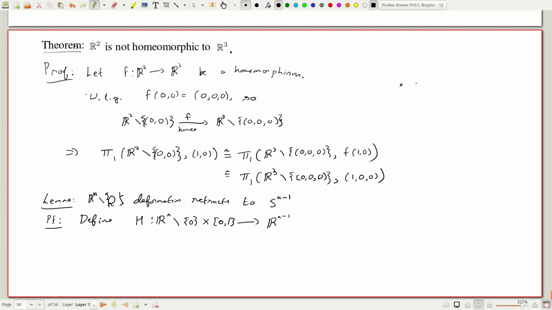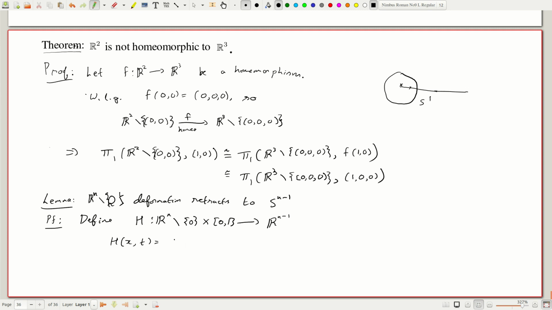Okay, and we just use polar coordinates. So here is, for example, S1, and here is a line, and the line has a vector which always has norm not 0, since we are taking points away from the origin. So we'll define h of x at time t.